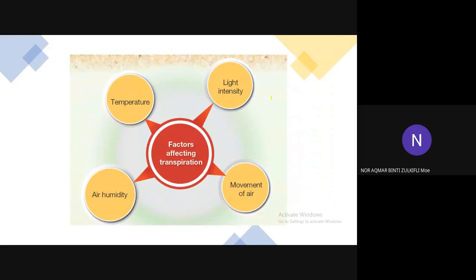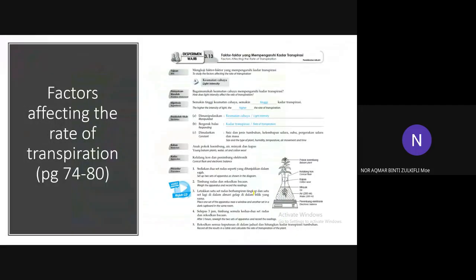Okay, there are 4 factors affecting transpiration: temperature, light intensity, air humidity, and movement of air. Okay, so among these 4 factors, you can choose any one to do your own experiment at home during this MCO, so you have enough time to observe your plants.